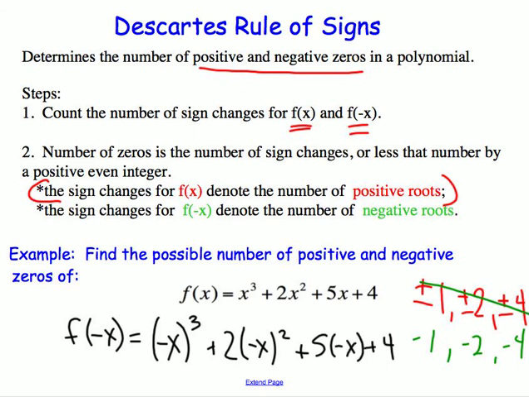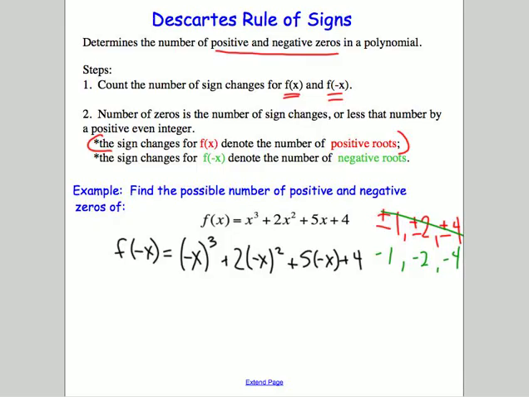Simplifying using what I know about negatives, f of negative x is negative x to the third plus 2x squared. Remember, when you square a negative, it turns positive. Then minus 5x, and then plus 4. I just simplified using what I know about negatives.